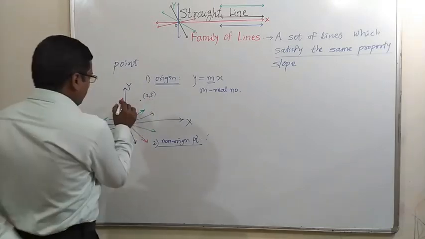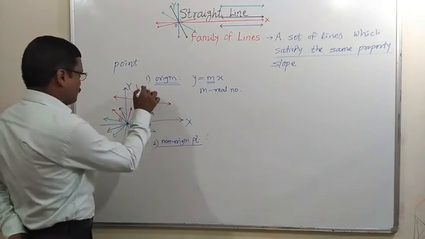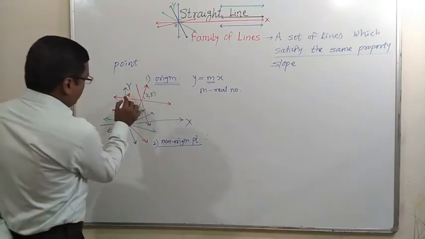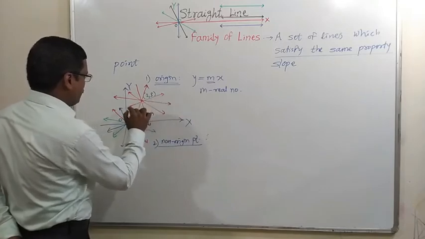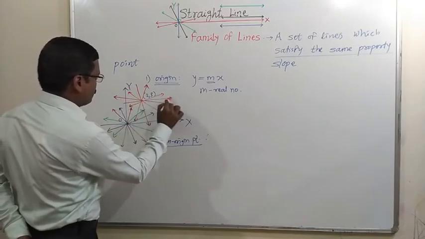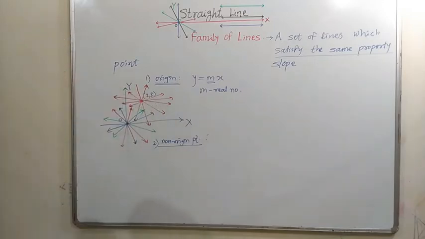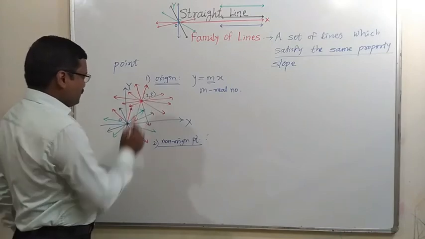Then also we can draw lines passing through this point. In this way, we can draw a number of lines passing through the same point. So this point 2, 3 is the point of intersection of all these lines passing through it.